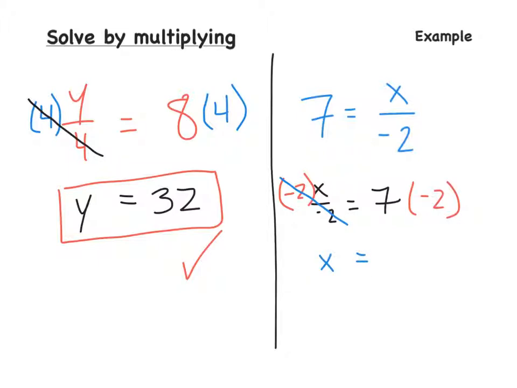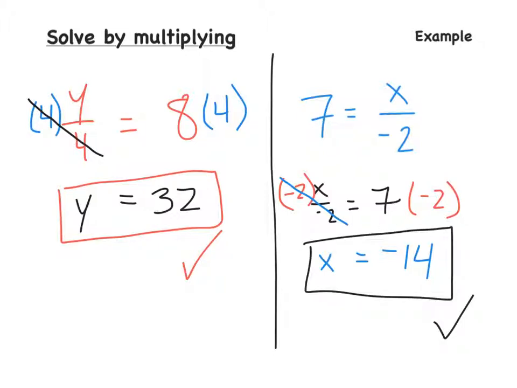Now we solve for the right. 7 times -2 is equal to a -14. And all we have to do to double check, plug in this -14 up into x. So what is -14 divided by -2? That is equal to a +7. So -14 is our final answer.